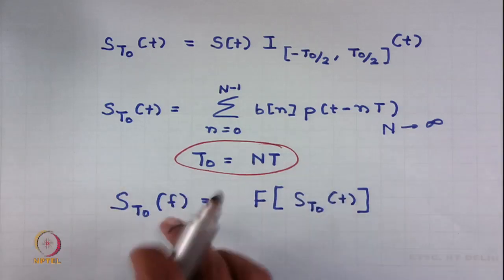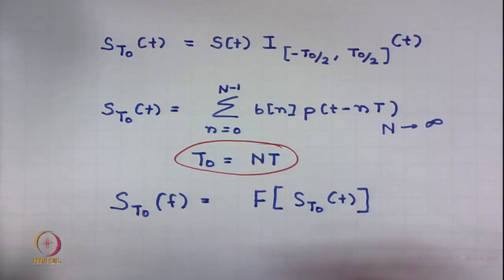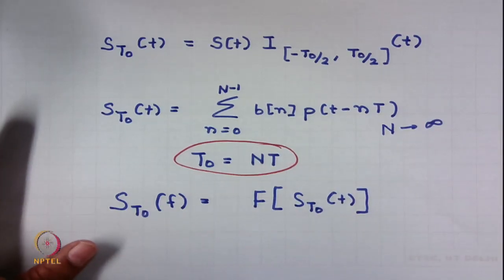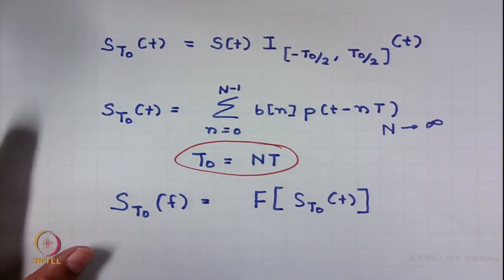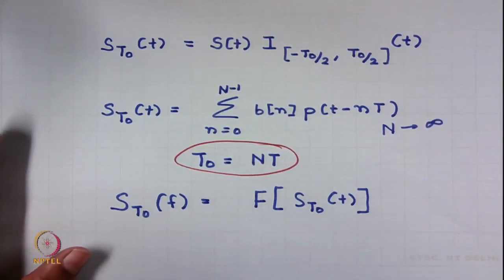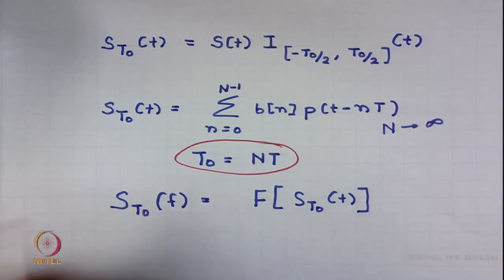So, now we can take the Fourier transform of this. That happened for our good, because now this S_T0(t) is having finite energy, and if it has a finite energy, then you can take the Fourier transform of this. Now, the Fourier transform of this is defined. So, this is S_T0(f).